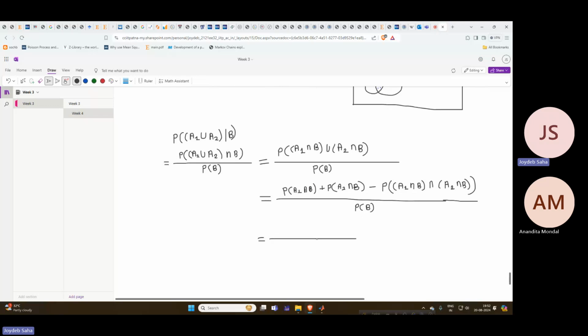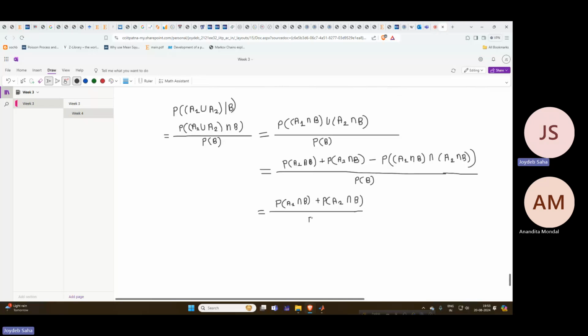So we can write like this: probability of A1 intersection B plus probability of A2 intersection B divided by probability of B, right?